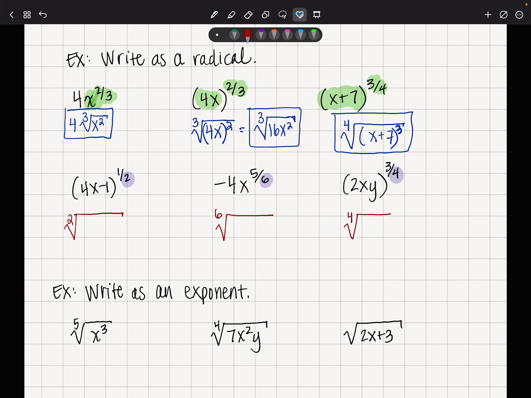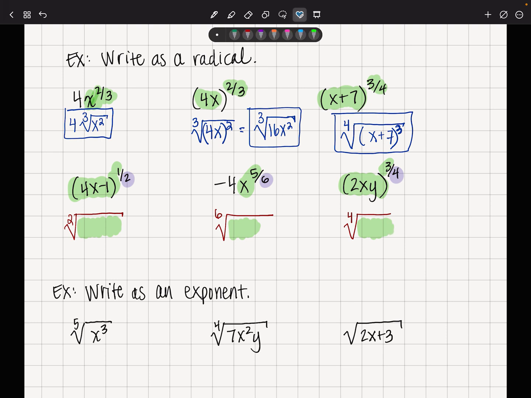And then what goes inside is 4x minus 1 to the 1st power. That's going to go inside. What's going to go inside here? X to the 5th power. And then what's going to go inside here? All of 2xy to the 3rd power.